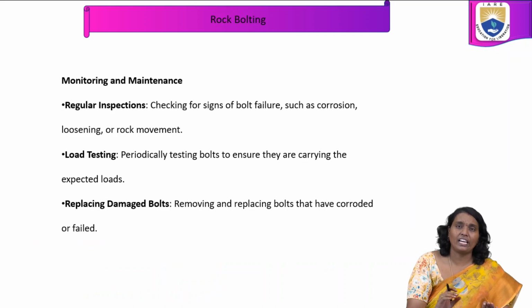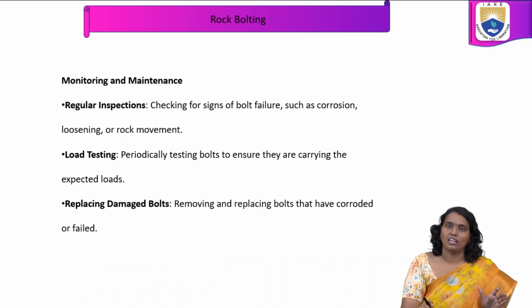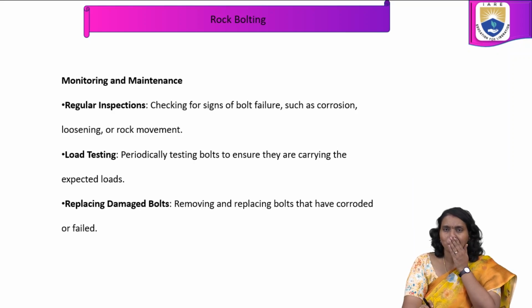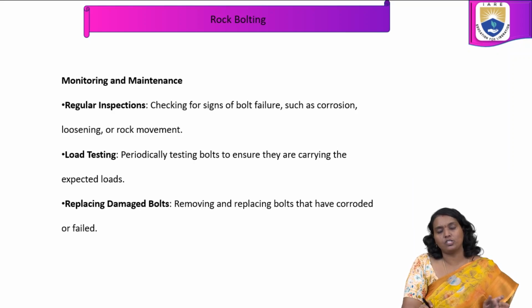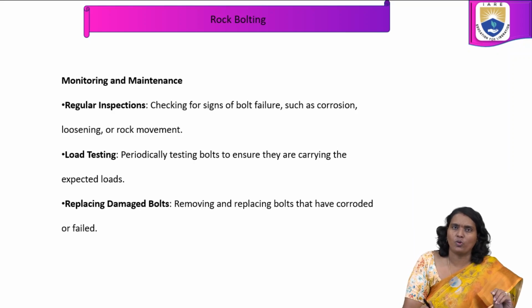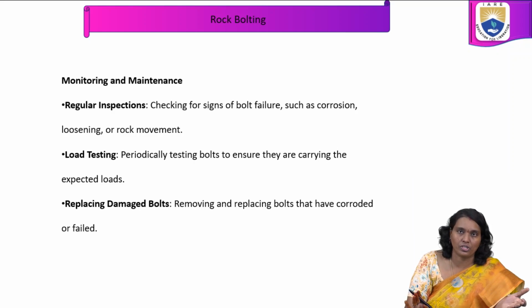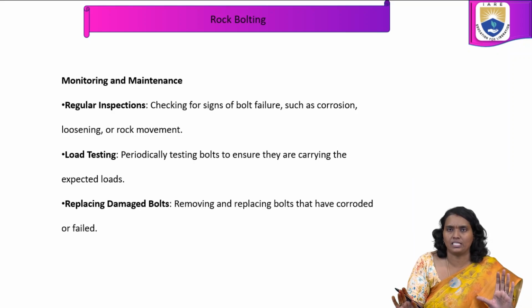So for monitoring and maintenance: regular inspections, load testing, and replacing damaged bolts. These are the regular monitoring and maintenance required for the rock bolts. That is checking for signs of bolt failure such as corrosion, loosening or rock movement, and also the load testing.